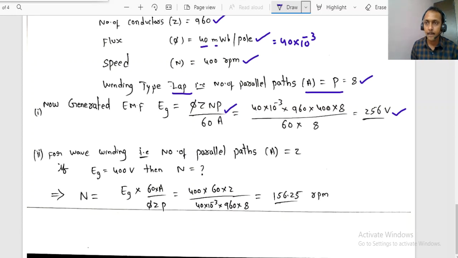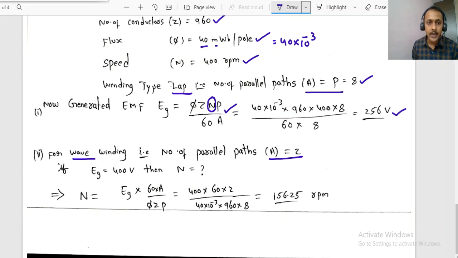Clear? Now if the same machine is having wave winding, in the wave winding from our basics we know the number of parallel paths will be equal to 2. It does not depend upon the number of poles in a machine. It is simply A equal to 2. Now we know EG equals φZNP by 60A. He is asking what the speed should be such that the voltage generated is equal to 400 volts.